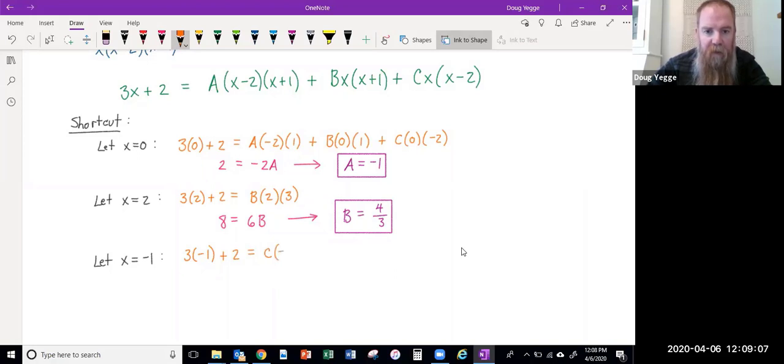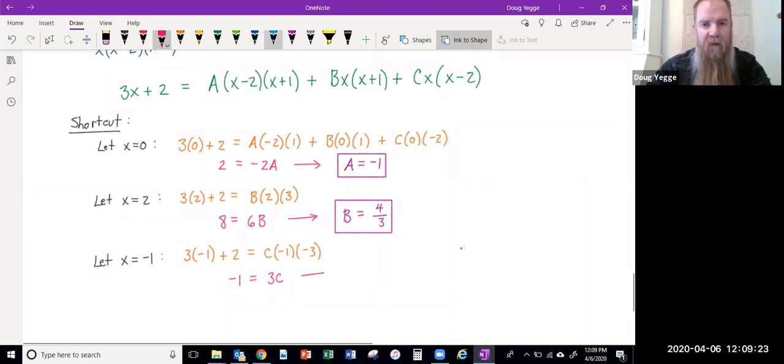So c times negative 1 times negative 1 minus 2 is negative 3. That means that we're left with negative 3 plus 2 is negative 1. And on the right side, we're left with 3c. You've got a single simple equation with only c's, which tells me that c equals negative 1/3.